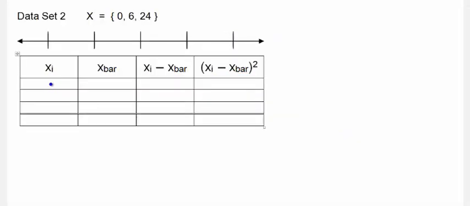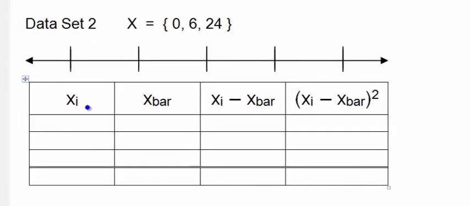For our next data set, data set 2, we have again 3 values, 0, 6, and 24. And if we were to put them on the number line, so we can see how this data set is different from the first one.